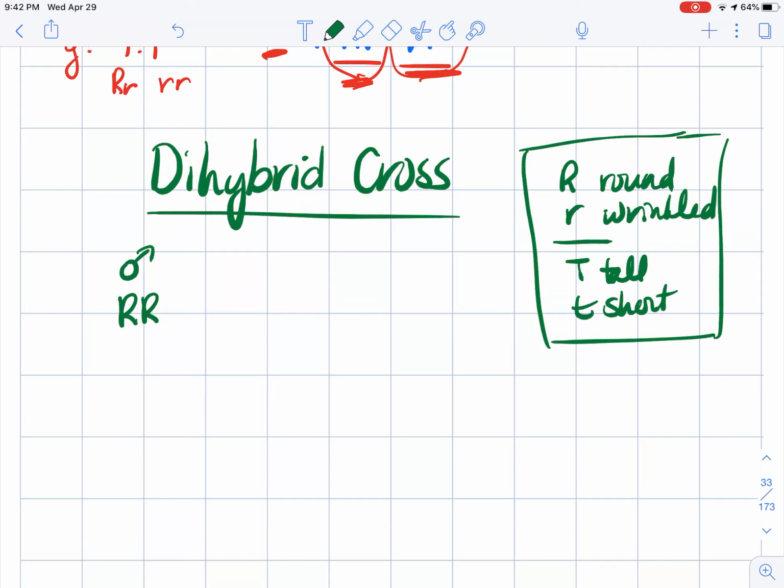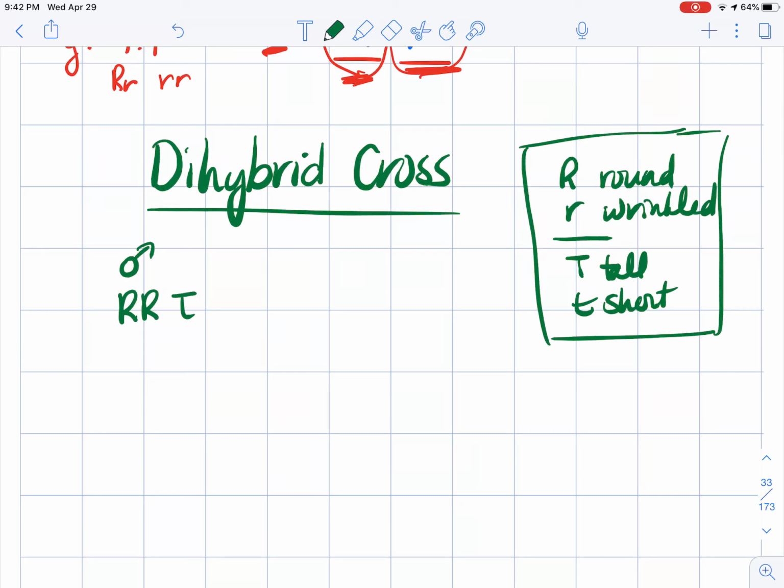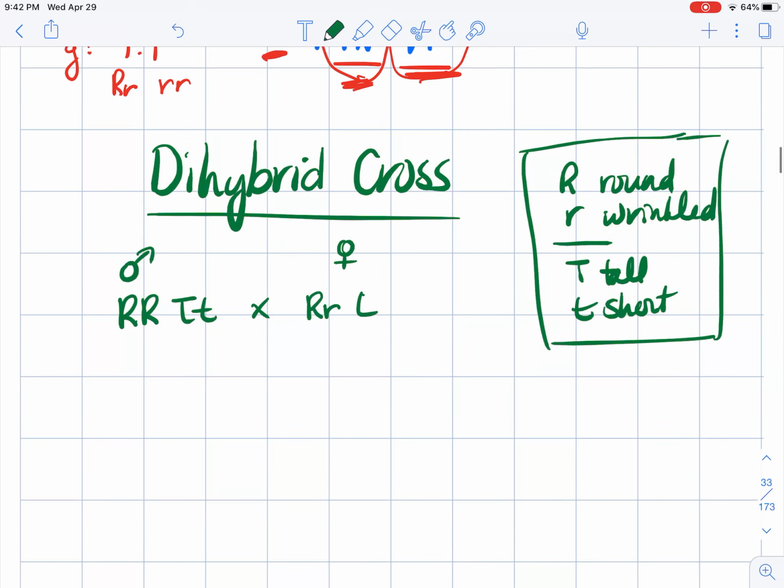So you, for example, could have the male plant be homozygous round, but be heterozygous tall short, and cross it with a female plant that is maybe heterozygous for the round, so that female plant has 1 gene from one parent that's dominant, 1 gene from the other parent that's recessive, and they may be homozygous recessive and be short.